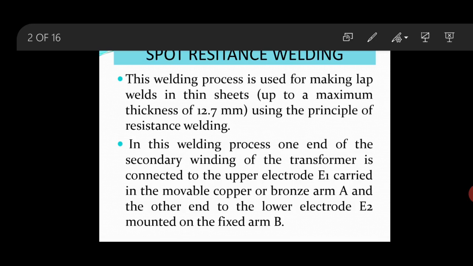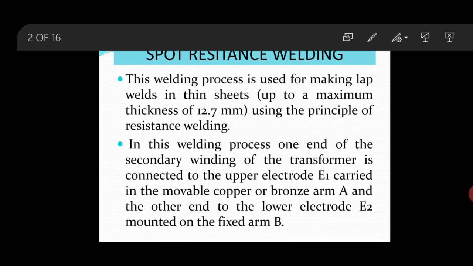When you see the diagram, you will visualize it. In a lap joint, the ends of the two sheets are one above the other. In a butt joint, the pieces come closer and are in contact with each other, but no overlapping will be there.